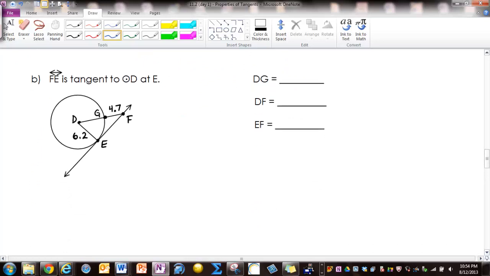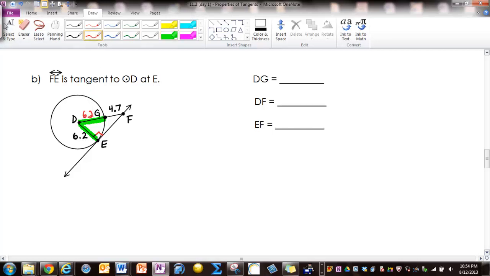Moving on to part B, we also have line FE is tangent to circle D at E, and what that does is it allows us to make a 90-degree angle at that point of tangency. We also know that one of our radii, DE, is 6.2, so every other radius of that circle is also going to be 6.2.